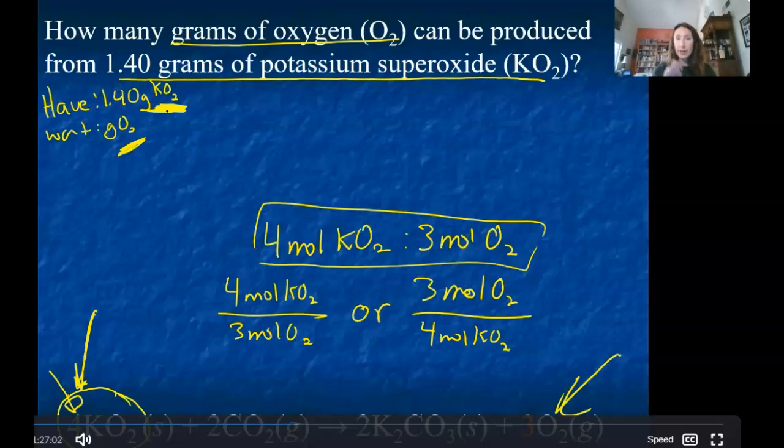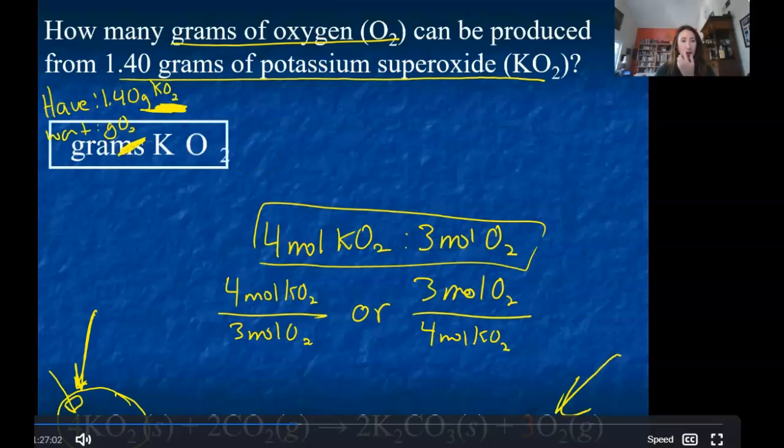Can we go from grams of KO2 to moles of KO2? How do we do that? If we have grams and we want to get to moles, where do we look? Molar mass, which we get from the periodic table. So whenever you know that you need to get to moles and you have grams, periodic table should go right in our brain, right?